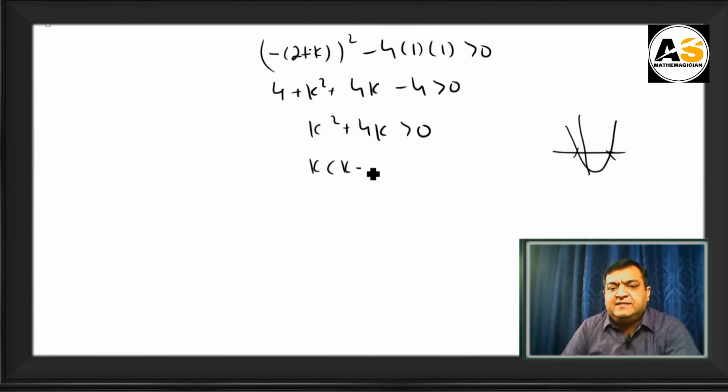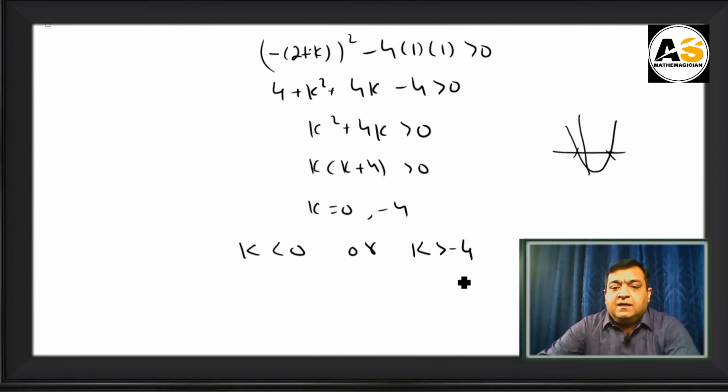By factorization, I will find its roots are 0 and minus 4. So this will be positive before minus 4 and after 0.